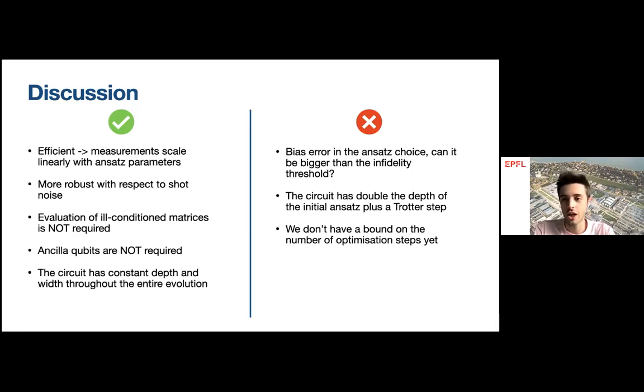We just checked it heuristically, as you have seen before, but we don't have an analytical bound. Maybe it can take n to the 7 time to optimize, but we don't know. We just checked. It may depend on the system. This is future work, I think.